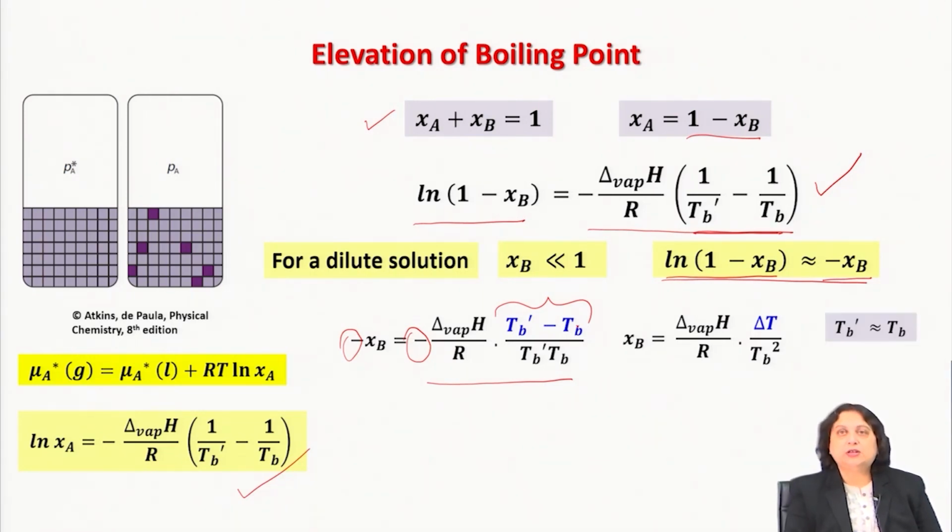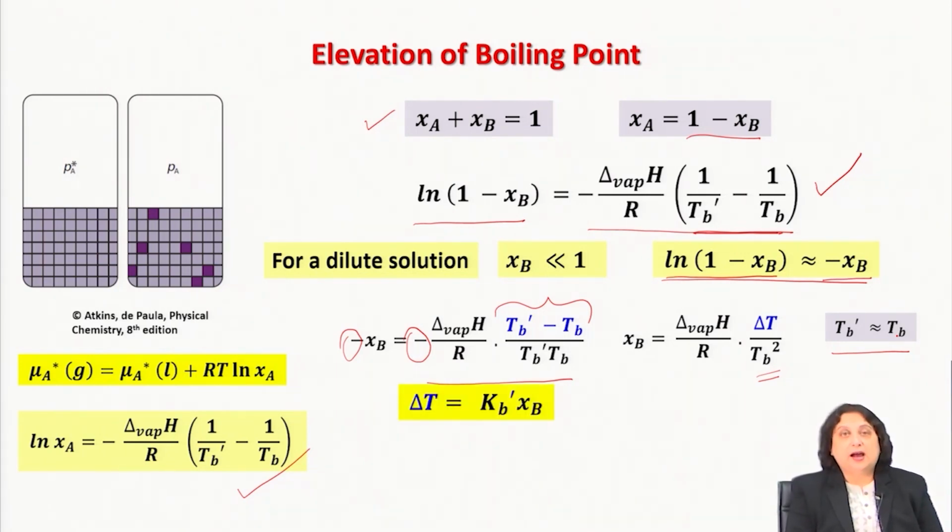And I also note that in the absolute scale, if I have a dilute solution, then only a very small amount of shift in the boiling point will occur, and therefore for all practical purposes, in the denominator, I can replace Tb prime by Tb, so that now Xb is shown to be proportional to delta T by Tb square.